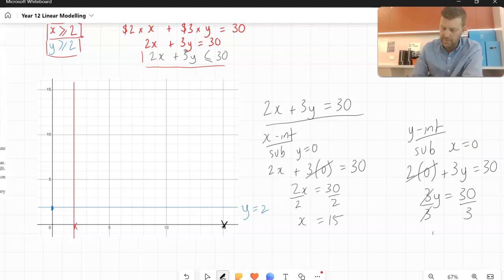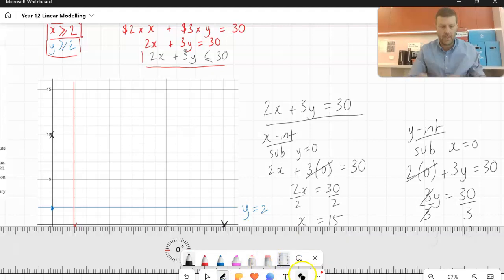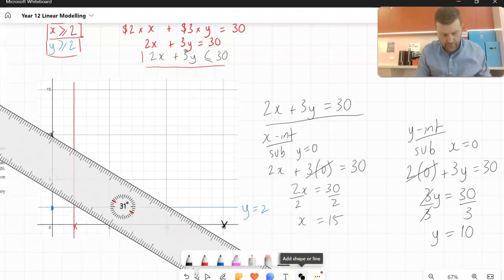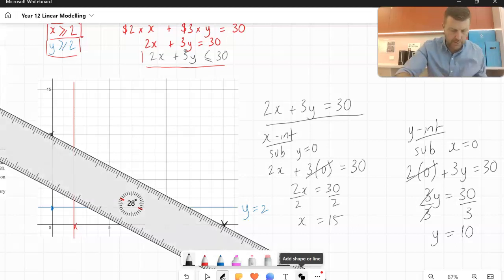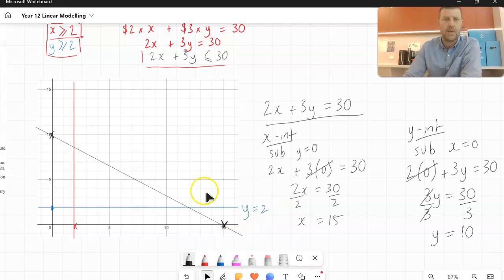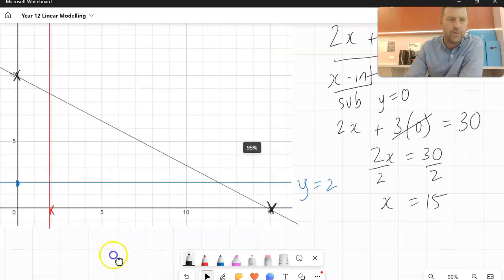Okay, that leaves me with y is equal to 30 divided by 3, which is 10. So that is 10 on my y-axis there. Go ahead, grab my ruler, and put a straight line through those two intercepts as best you can. And that creates a triangle here for me.